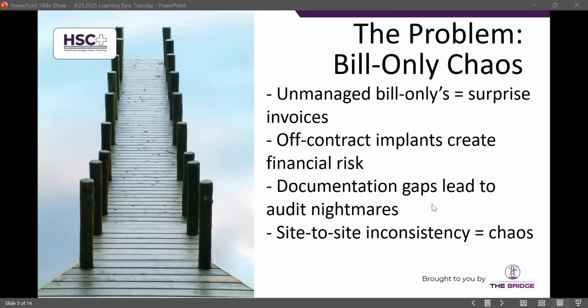If you have site to site inconsistency in your bill only process, that's where chaos happens. So this is where bill only chaos can happen four different ways, but I'm sure there's more than this.